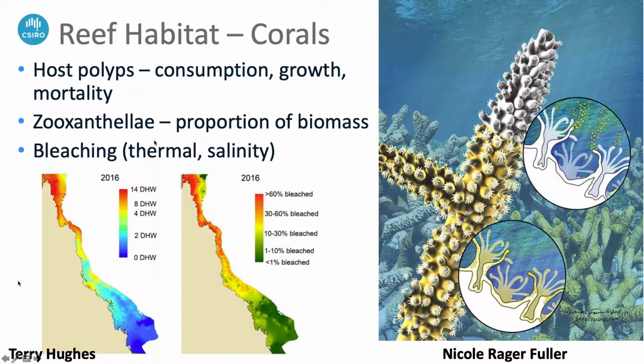That bleaching can be driven by thermal events or salinity, so the major causes of bleaching, whether it's hot water, cold water, or really fresh water. That way you can have a direct link between things like degree heating weeks, which we track in the model, and the degree of bleaching. So those kinds of relationships are starting to be better formed, sadly, because there's a lot more bleaching around.